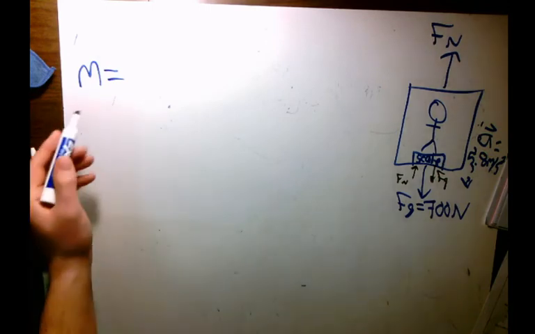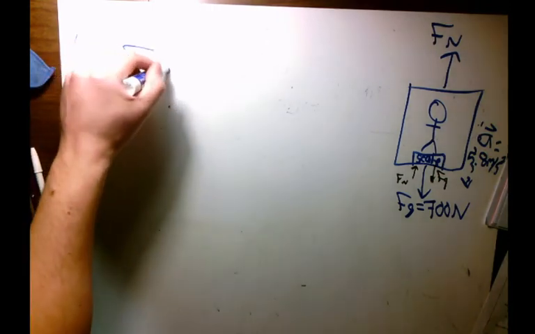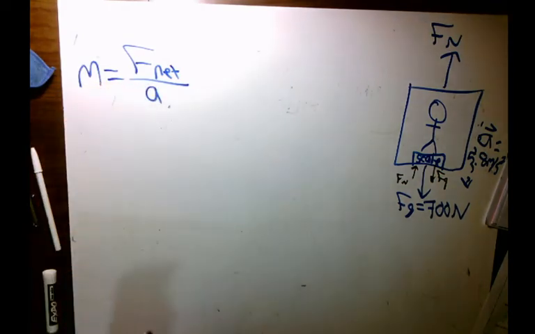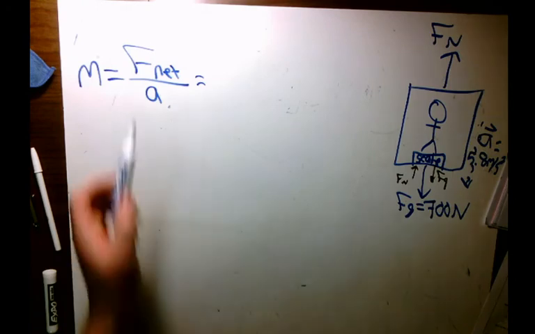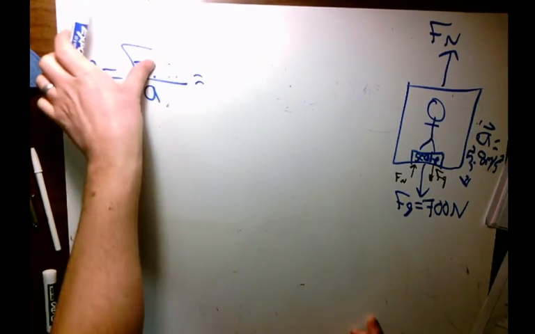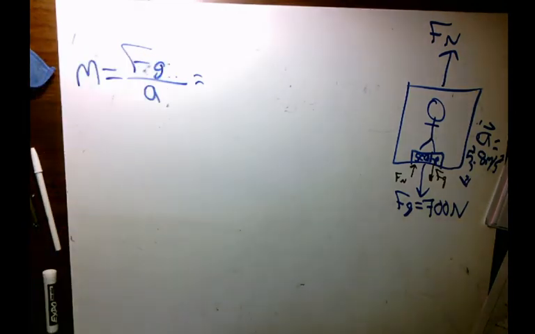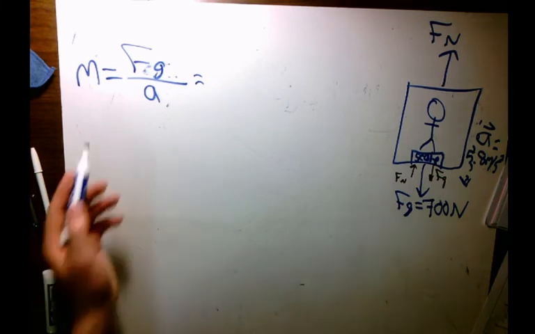So their mass is equal to force divided by acceleration. And in this case, sorry, that wouldn't be net force. That's going to be the force of gravity, right? Because they weigh 700 newtons on Earth, not mixing it up with a different planet or with a different total, net acceleration.